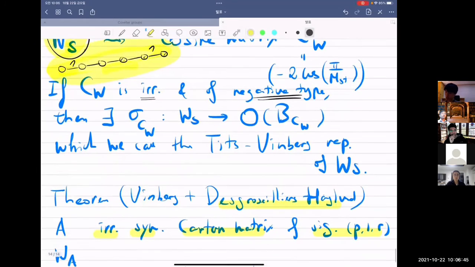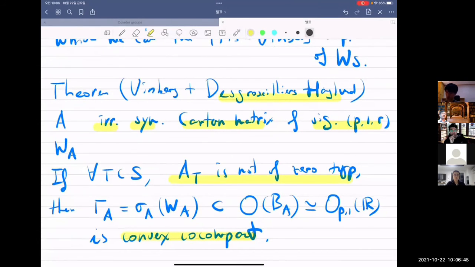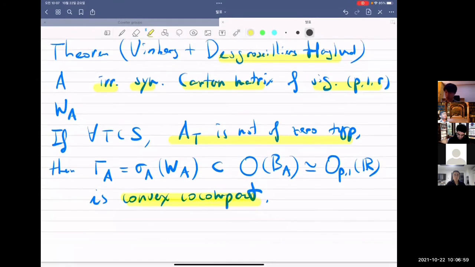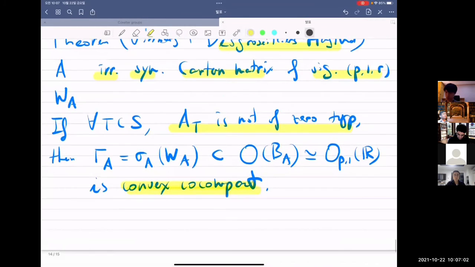So you can easily check for all T, the A_T is not of 0 type, so it produces the convex co-compact representations. And this kind of theorem is greatly generalized by Jeffrey Danciger, François Guéritaud, Fanny Kassel, and Ludovic Marquis in more general cases, but it might take too long to describe more. But at least I want to give the main idea to show this.